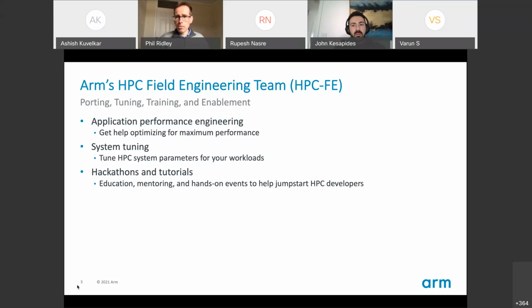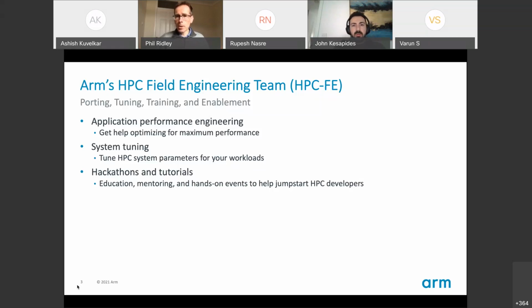We can try to resolve bugs or issues that might be present in tools. And we work with our own internal compiler teams and also the wider open source community. So we have quite a large scope of work.